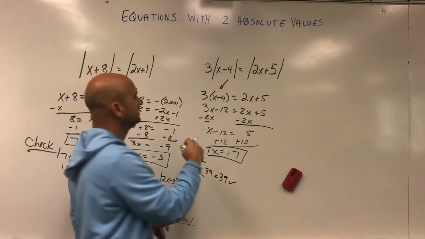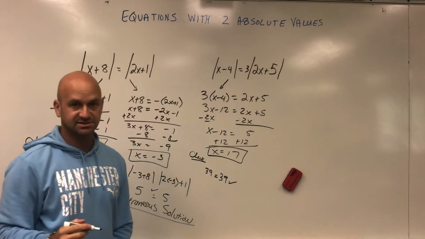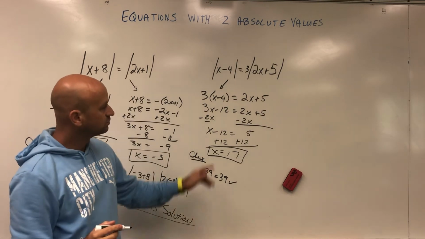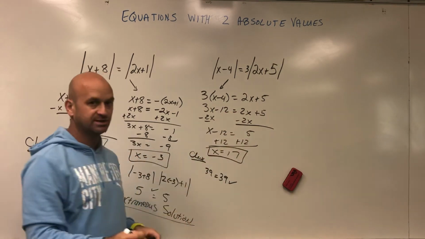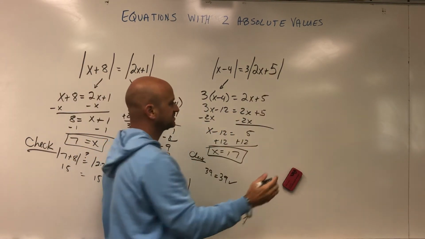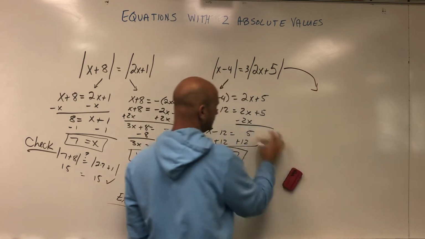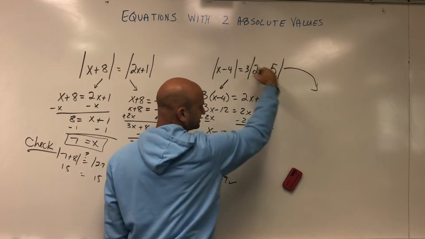But what if, for example, we had something like this instead for our problem? When we do the negative for this, if we choose to do the right part of the equation, only the absolute value gets negative. This is a slightly different problem, but I want to show you how to turn this thing negative.